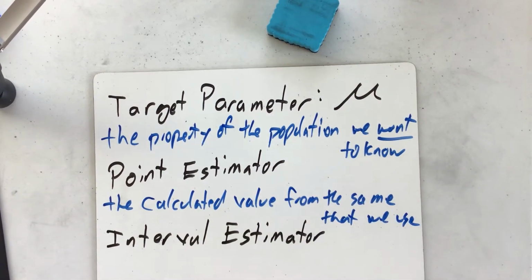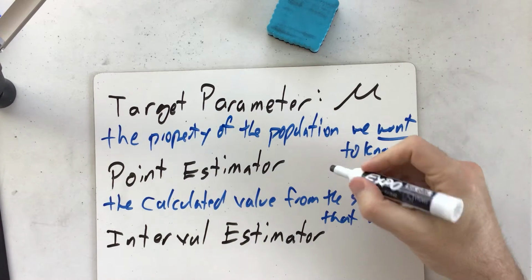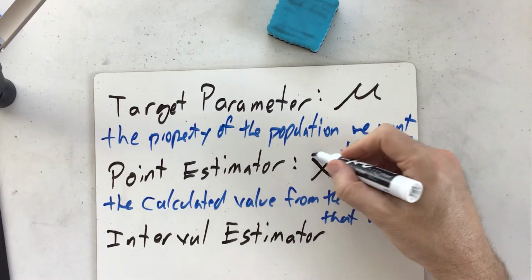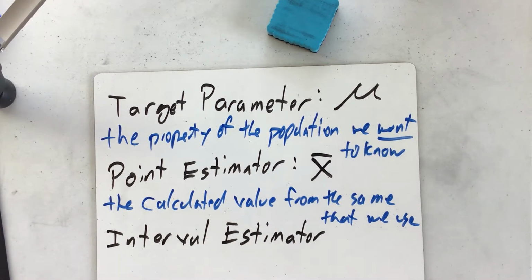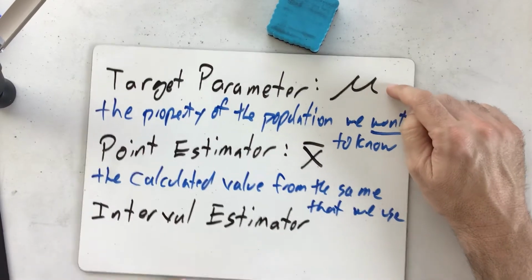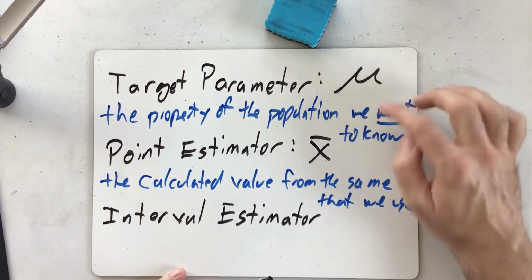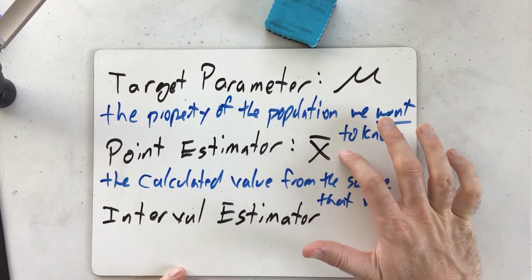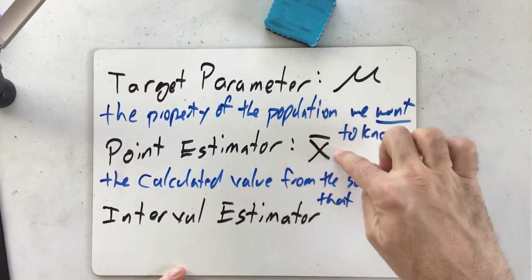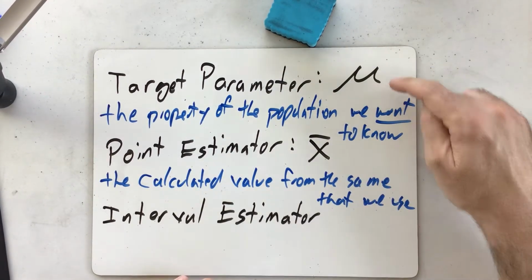So if our target parameter is mu, our point estimator is going to be X bar. In other words, the target parameter is the average of the entire population. We don't know that. What we do know is the average from the sample. And so that average is going to be what we're going to use to estimate this target parameter.